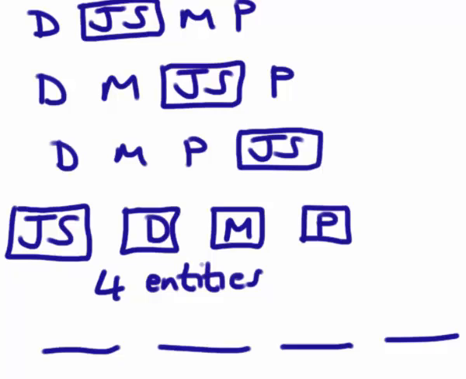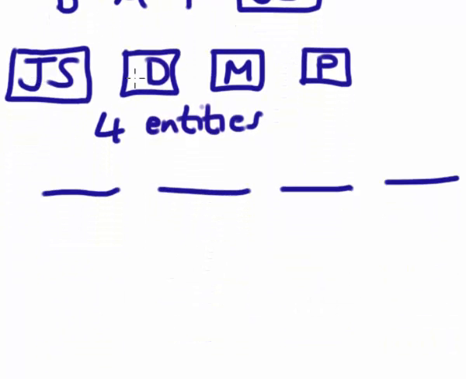Now, if you take James and Sarah, the Bible says when they get married, they become one. So now we're treating them as one couple, but Dimple is one entity, Mike is one entity, Peter's one entity. Now, in how many ways could these 4 entities be placed in the first space here? Well, there's 4 possibilities.